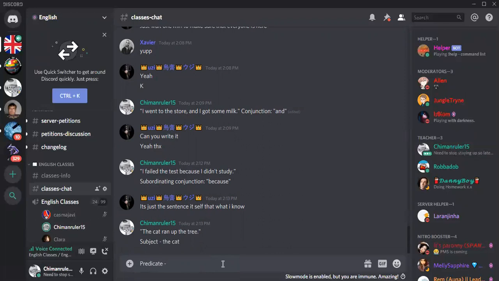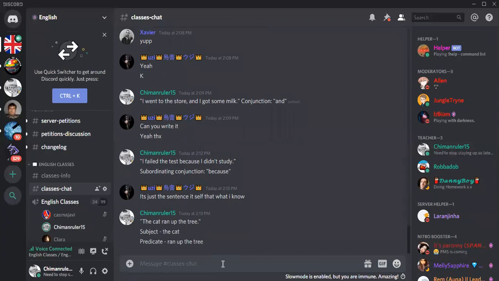It can be a verb, or a verb with other words, or a verb with prepositional phrases. In this case, we have ran up the tree as a predicate because there's a verb and a prepositional phrase after the verb. So this predicate is basically everything after the subject. And when you have these two things together, you have a clause.